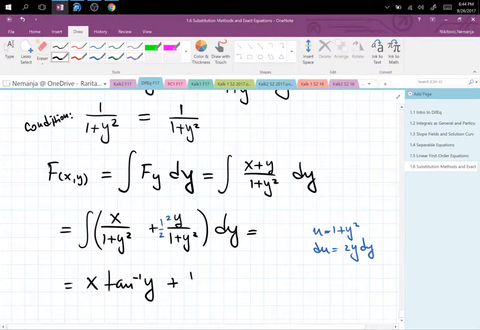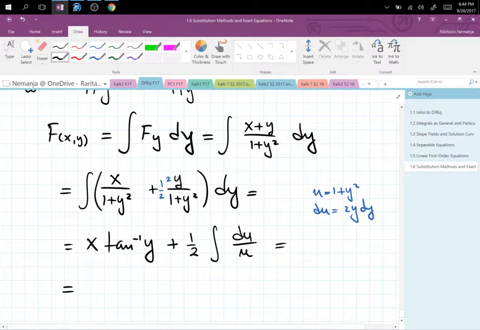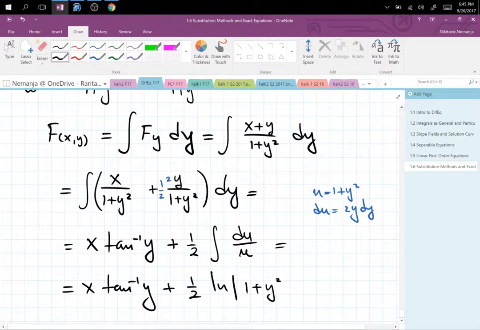So this works out to be 1/2 integral of du over u. Much better. So now we are getting x tangent inverse y plus 1/2 ln of 1 plus y squared plus c of x.